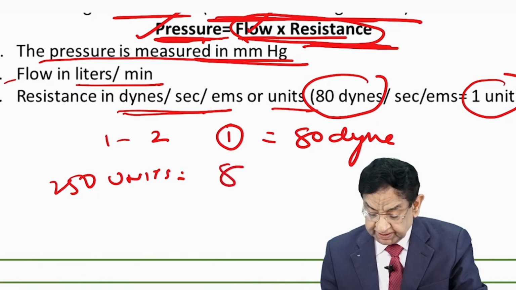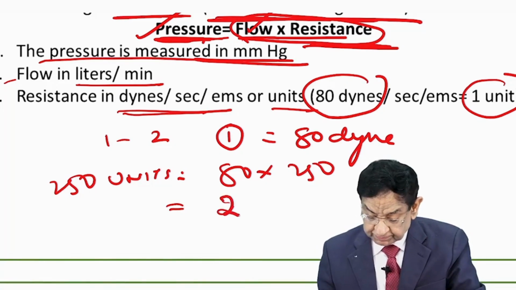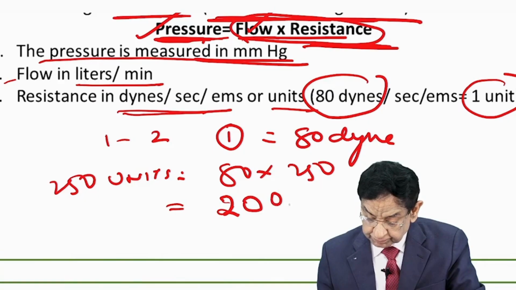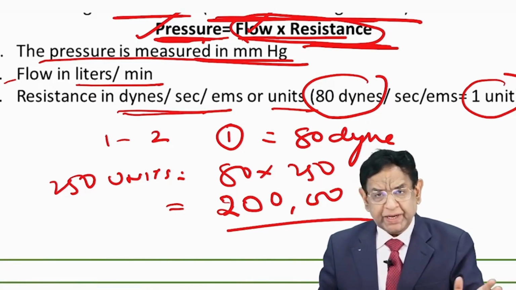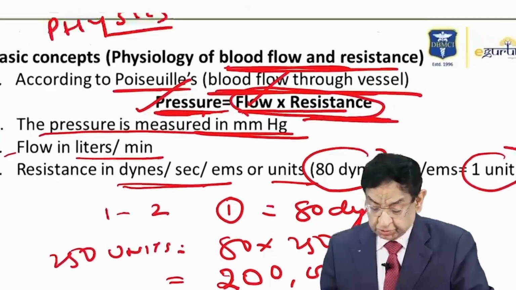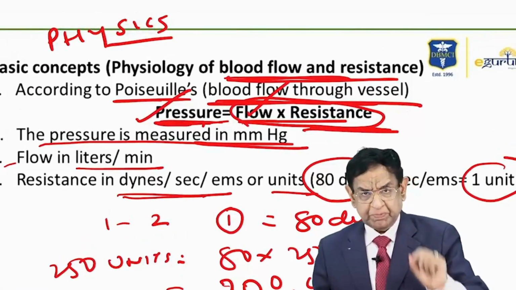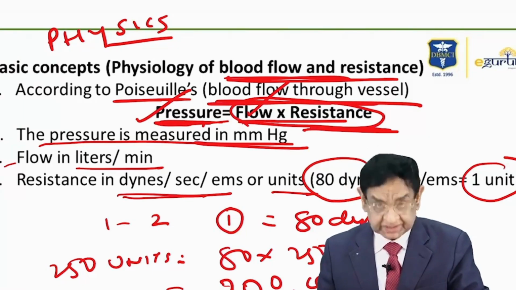So this becomes 80 into 250, this much dynes. Very high resistance is there. So to conclude this particular slide of physics, pressure is equal to flow into resistance.